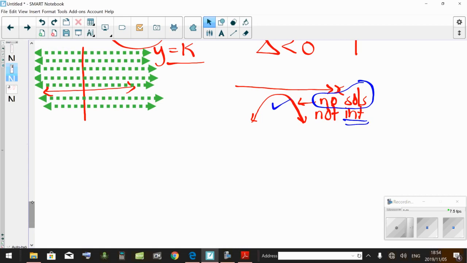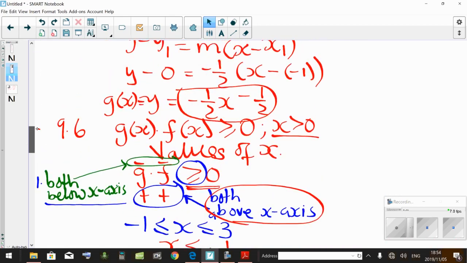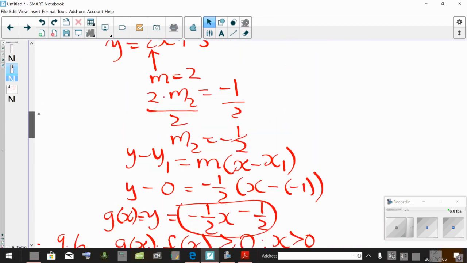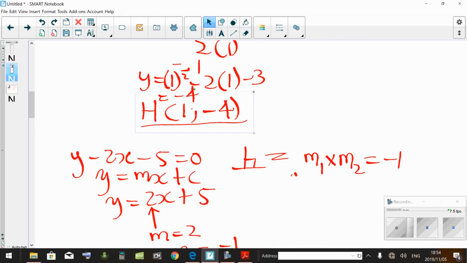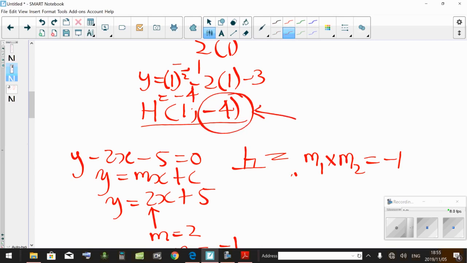Now, if you remember, our turning point, let me just check one more time if we still have it. Yes. We have our turning point here. That's our turning point. I'm only interested in the y value of the turning point.